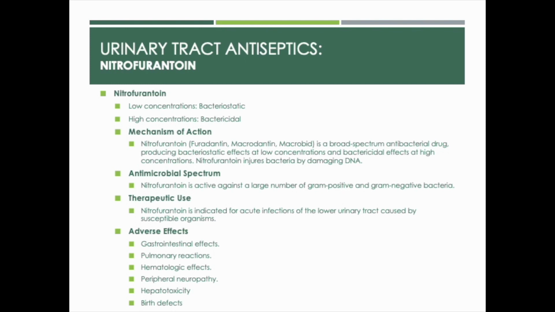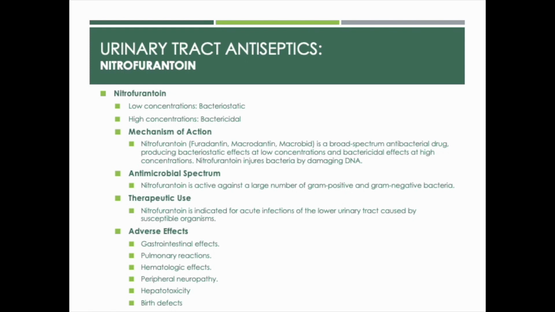Hepatotoxicity is something that we need to consider too, but it is rare that nitrofurantoin is going to cause severe liver injury. What you might see though is hepatitis. They might have cholestatic jaundice, hepatic necrosis, and there have been some deaths that have been linked to the hepatotoxicity of nitrofurantoin.